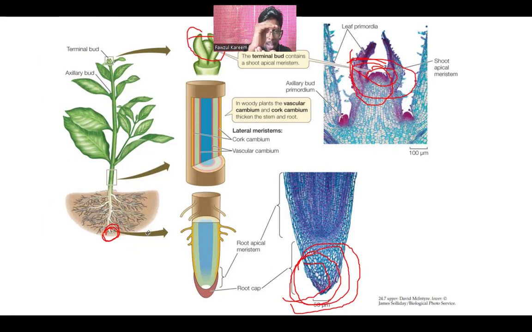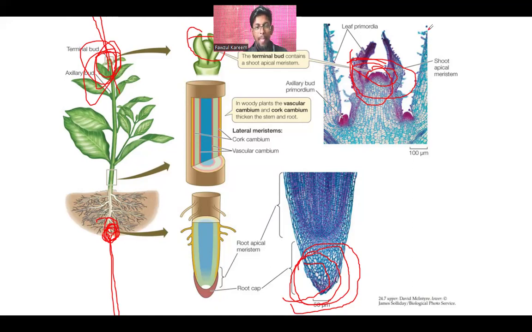Like a small child, cell division happened and you became a big child. Same like that, in this area they will produce new cells. So what will happen? They will grow up. In this area they will produce new cells, so the root will grow up, and the shoot system will grow upward.